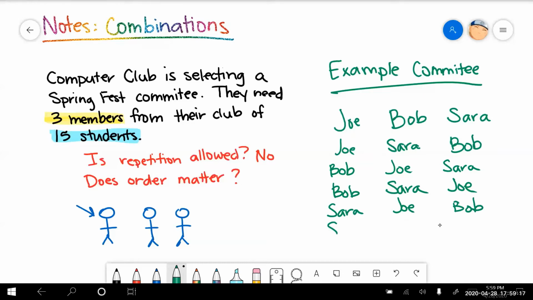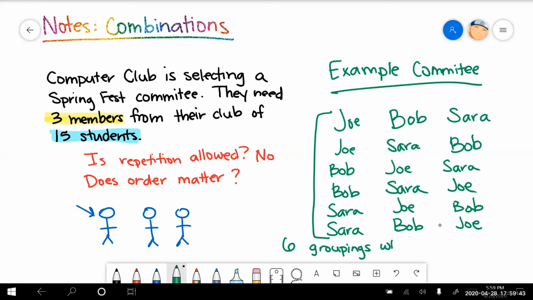And then maybe with Sarah first, instead Bob comes second, followed by Joe. And so again, just as with your box trifecta in our first activity with this permutations and combinations stuff, we have the possibility of 6 groupings where the committee is the same.